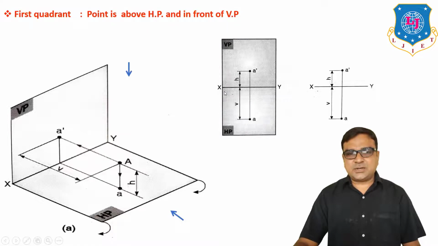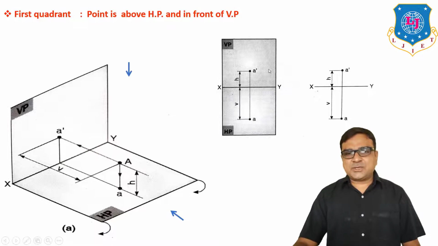This is the horizontal plane and vertical plane with XY between them. The position of VP is as it is, but the horizontal plane moves clockwise by 90 degrees and looks like this. So A dash is above XY at distance h, and small a is below XY at distance v.